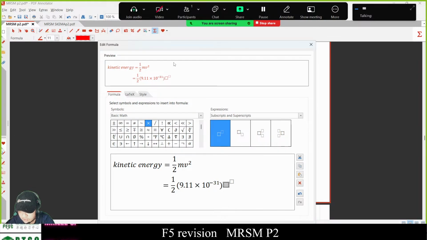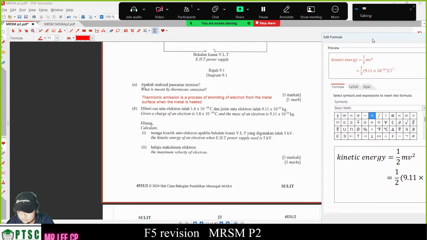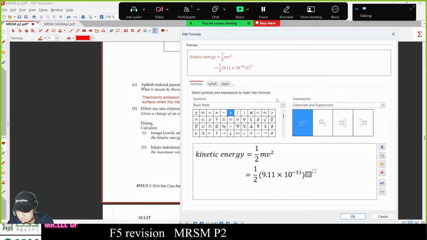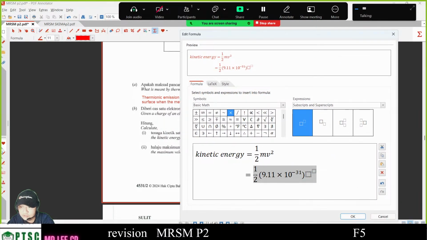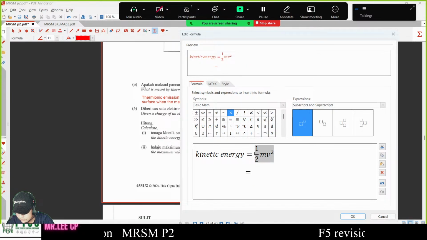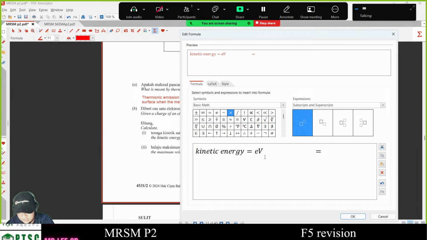V, how much is the velocity? I don't have it, so you cannot use this formula. So you need to use the formula of eV.